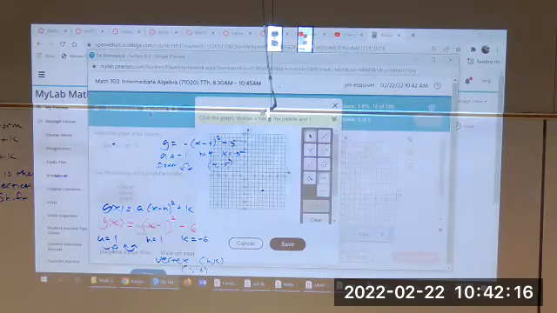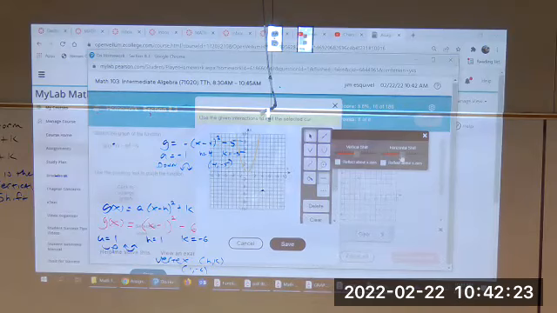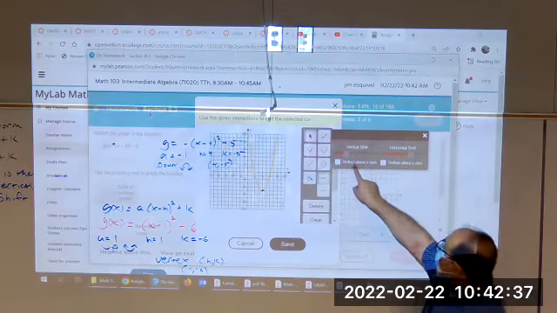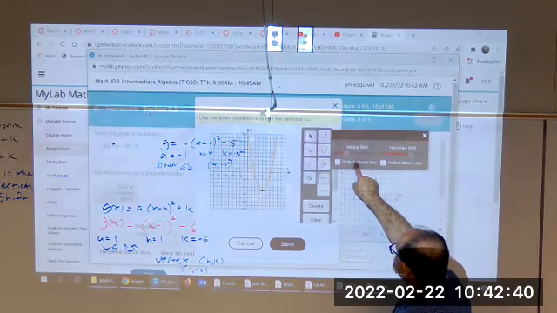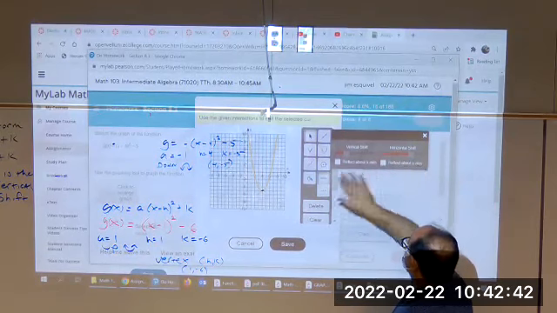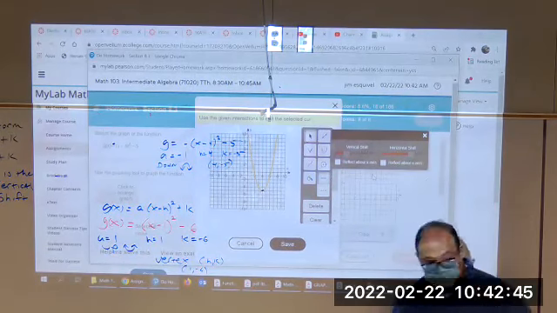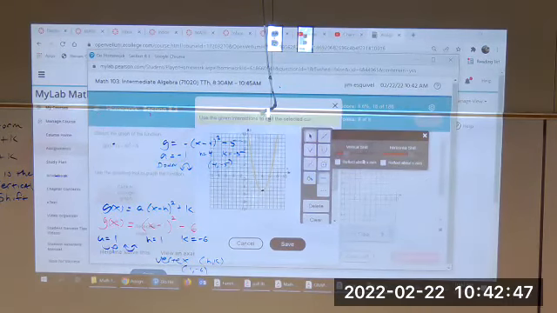On the parabola, right over here, I'm going to go 4 to the right. Down 5. And then right here, reflect about the x-axis, so that's this way. About the y would be left and right. So I want to reflect it about the x-axis.